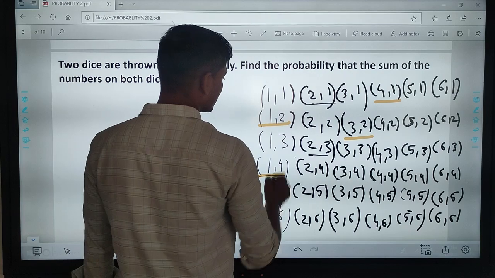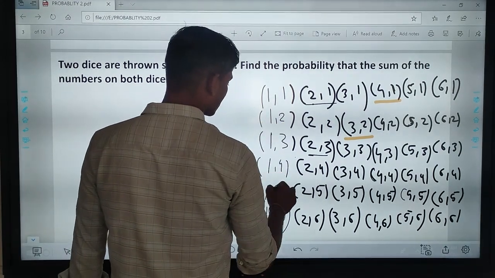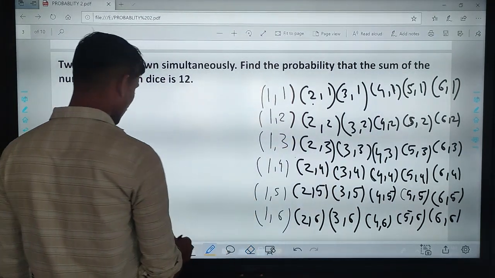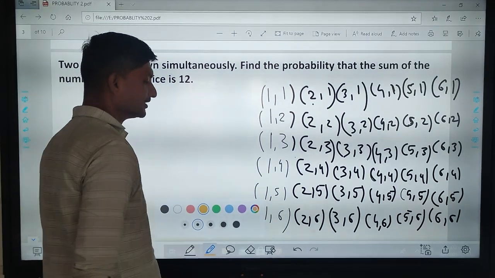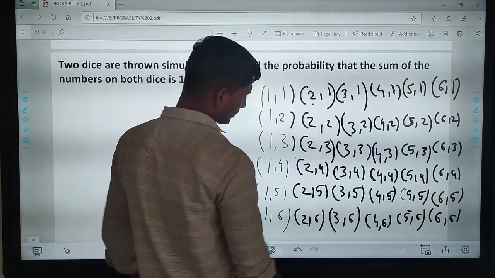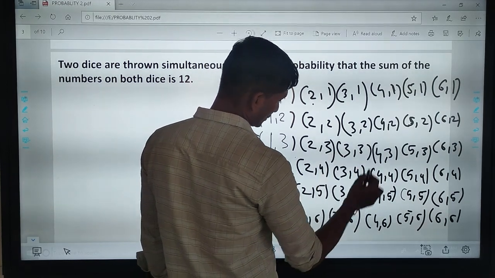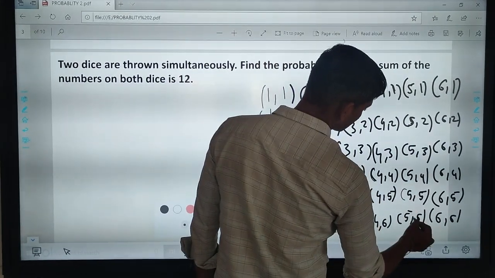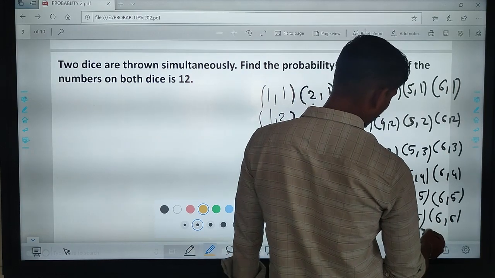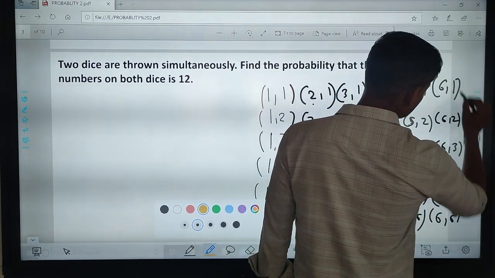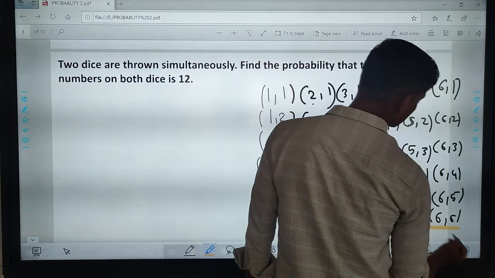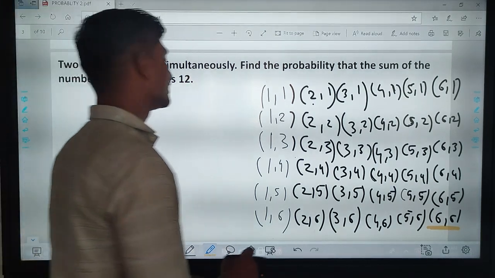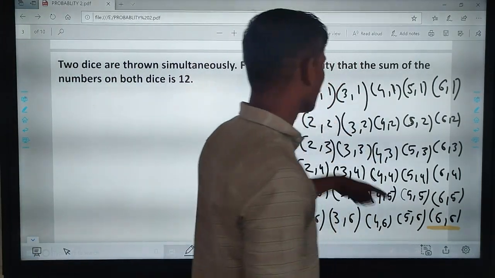Now here we find the numbers whose sum is 12. 6 plus 5 is 11, and 12 is 6 plus 6. Now for both dice, their sum is 12 in only one sample.